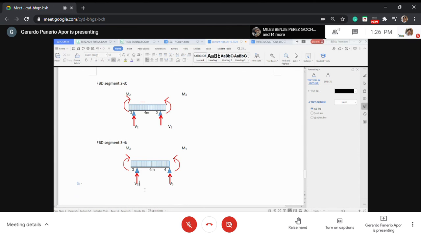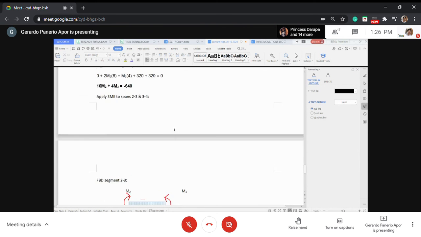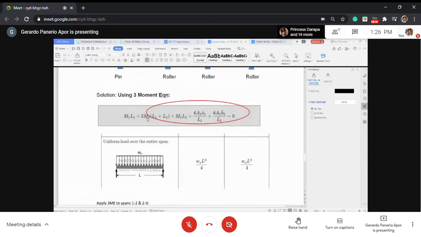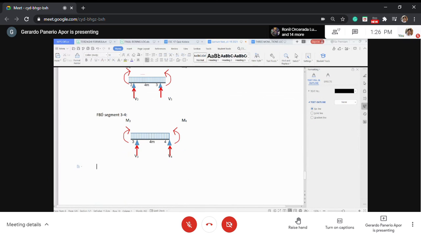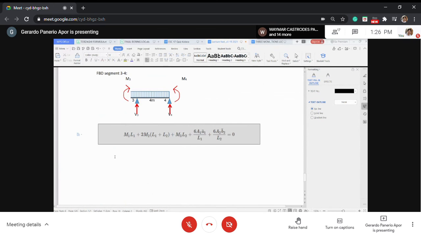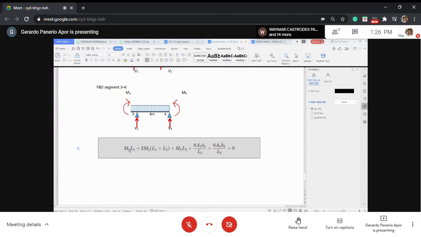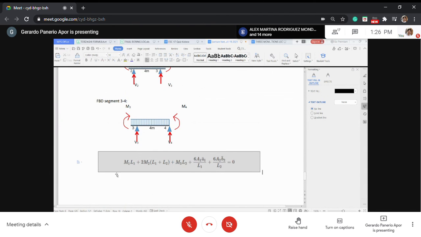Emission D3 and D4. Okay. Applying the three-moment equations, this is this one. Copy. Then for segment 2, 3. So M1 here will change. We change the subscript, add one.